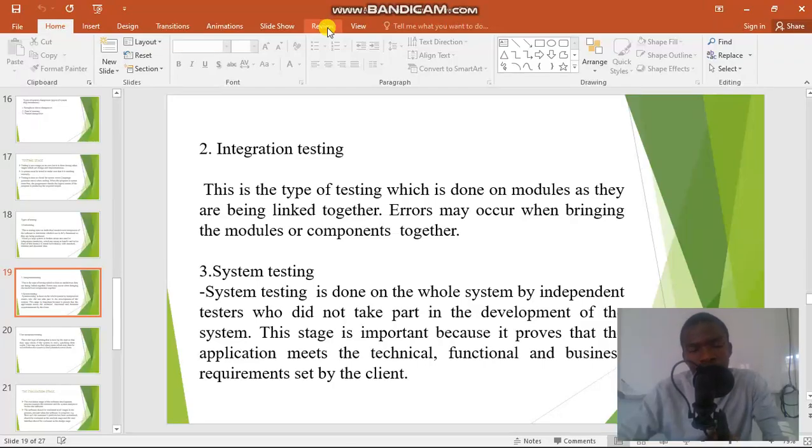The buy option itself is tested using integration testing, while the app at large is tested using system testing.